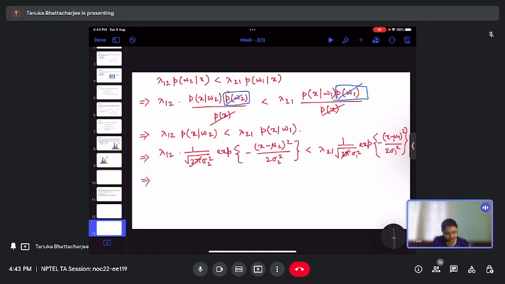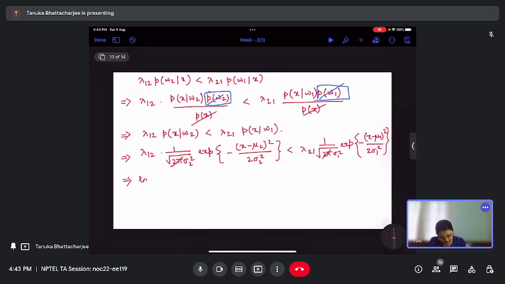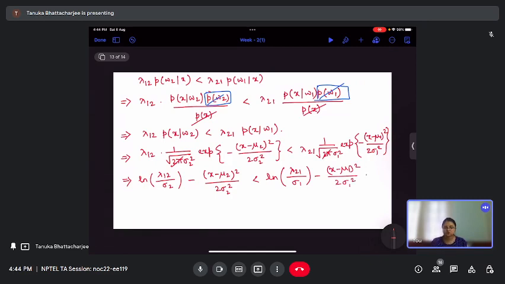So, if we take ln of this, then we have ln of lambda 1 2 by sigma 2, I am taking sigma 2 square out of the square root, minus x minus mu 2 square by 2 sigma 2 square should be less than ln of lambda 2 1 by sigma 1 minus x minus mu 1 square by 2 sigma 1 square.